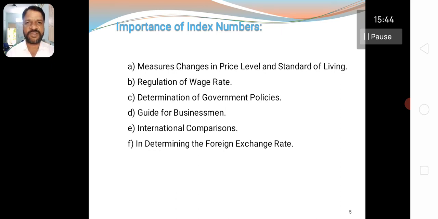It helps to know the raw materials, or the rate of commodities in the market, and what is to be produced and what is not to be produced can be decided by the businessmen. It also helps international comparisons, at national and international levels. The rate at which different commodities can be available can also be decided. And in determining the foreign exchange rate also, the index numbers are used.